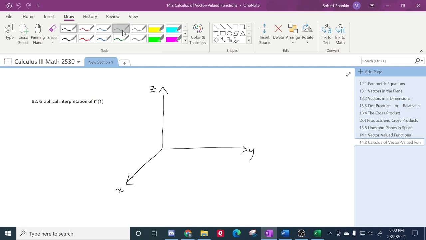So let's say the space curve that it maps out is something like this. And this is my space curve. And now I'm going to have some point on this curve I'll call P.